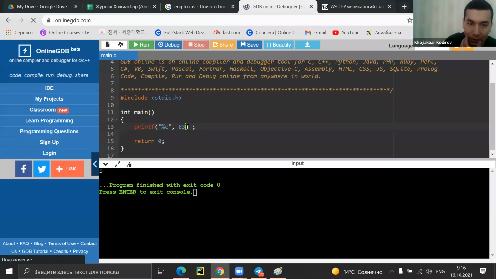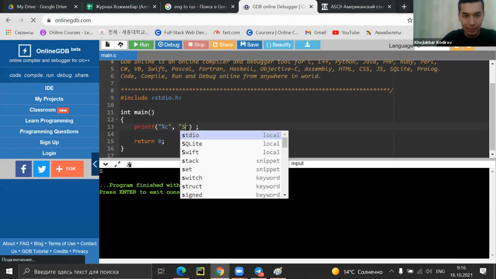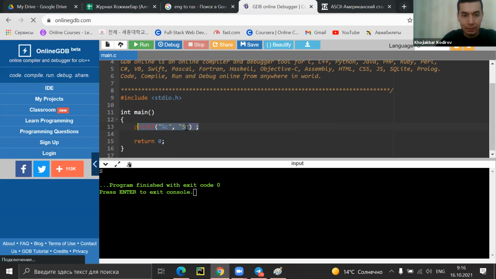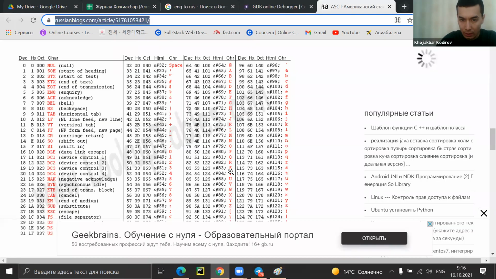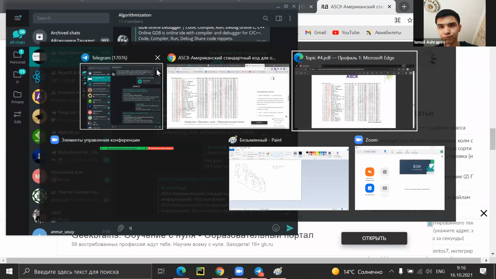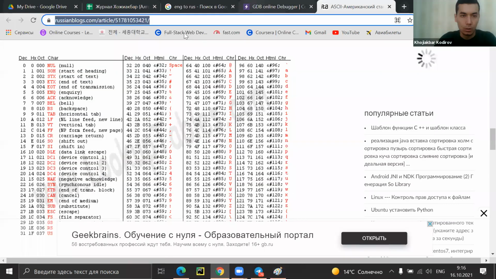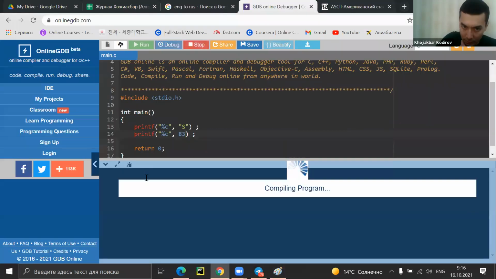Instead of writing S, since I know the decimal representation in the ASCII table, I can write just 83, which means character S. So when I run, I will get the same results.